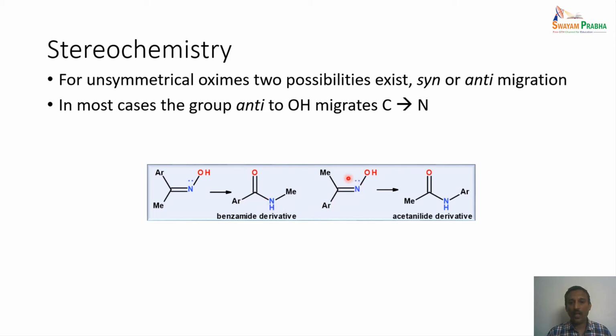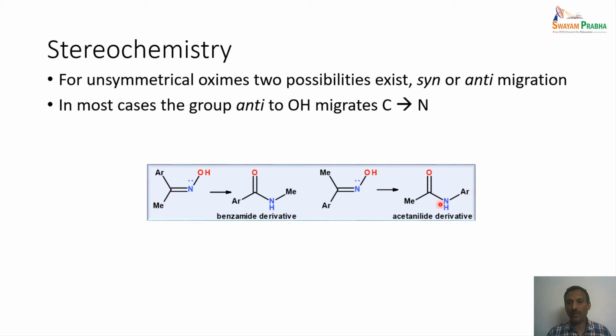And if you look at the other one, in this particular case, the aryl group is anti to the hydroxyl group. So when this compound is subjected to Beckmann rearrangement, this aryl group now migrates from the carbon to the nitrogen. So we end up with MeCONHAr.